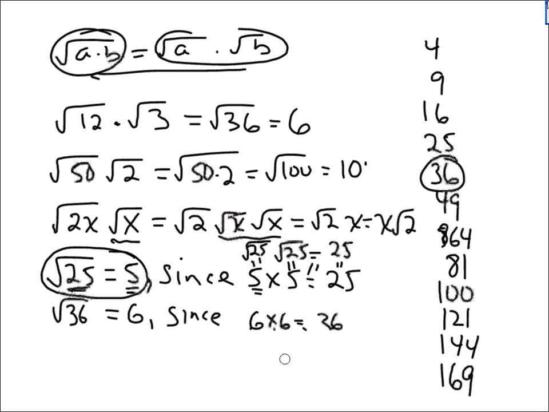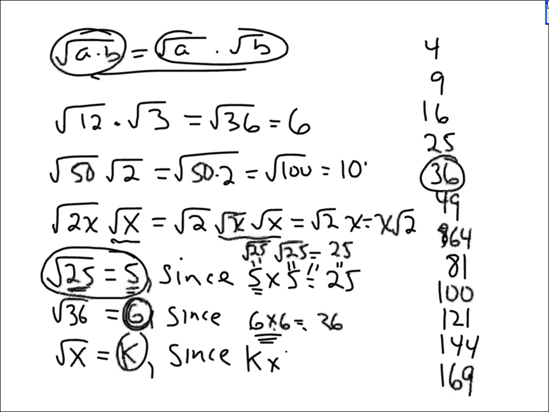Now, let's just say for a moment that the square root of x is equal to k. Why is that true? Since, just like I wrote 6 times 6, I'm going to write k times k.